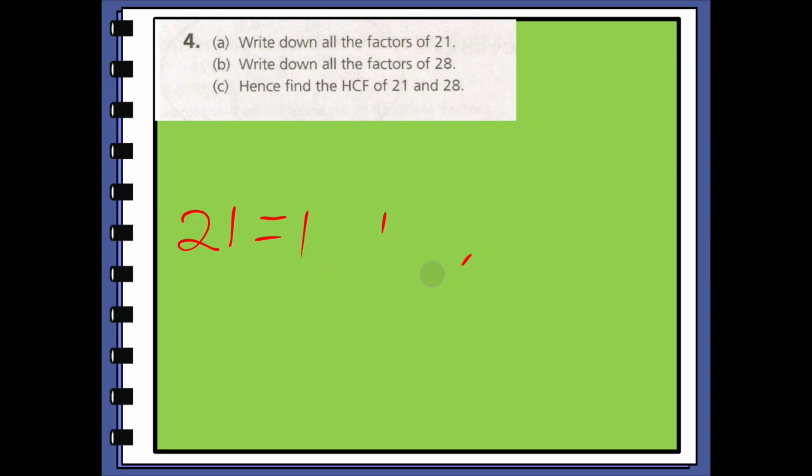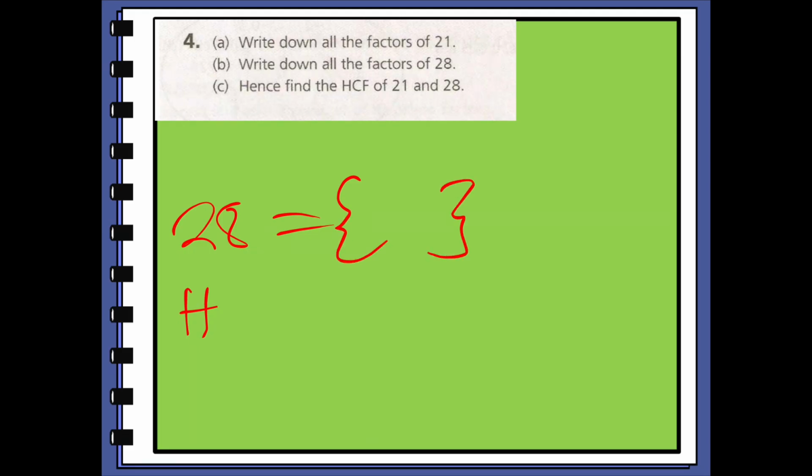Right, let's answer B. Write down all the factors of 28. You can work it out yourself, so that we see how good you can be. Hence, find the highest common factor, even C. So we are going to compare the factors of 28 versus the factors of 21.